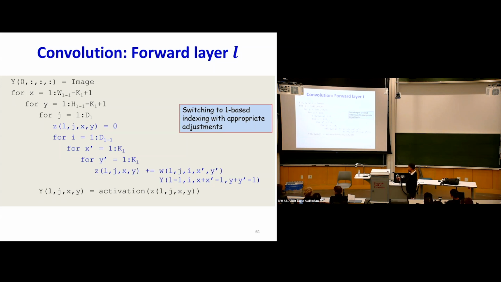At each position, we scan through the output channels. And for each output channel at each location, you're computing the affine value, which is the sum of the product of the filter and the input at that location. And then finally, we apply an activation.